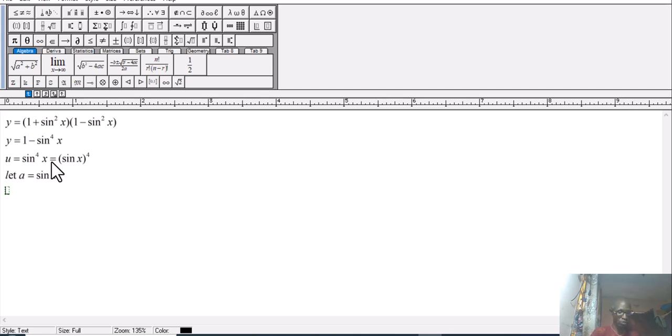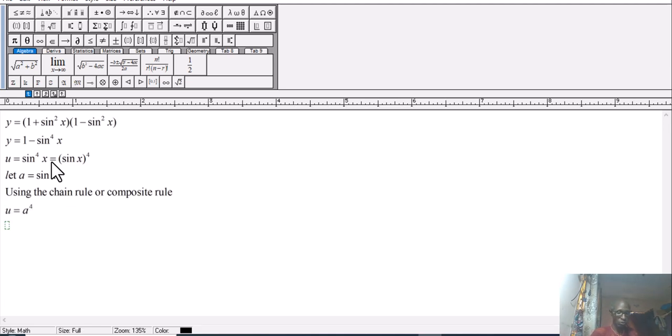So we now use the chain rule, or they call it the composite rule, depending on the book you are reading. So what we now have is u equals a raised to the power of 4.